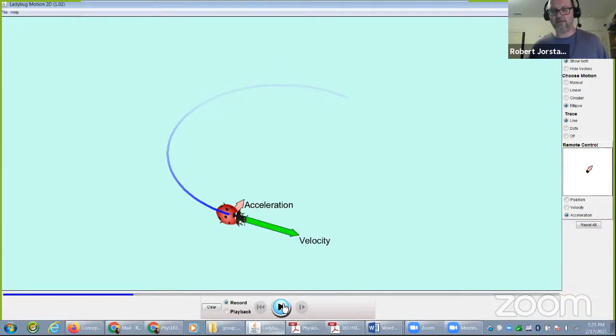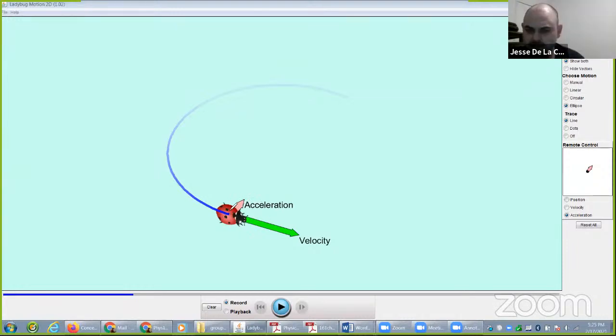Based on what you see here, is this ladybug speeding up or slowing down at this instant? Speeding up? That's right, because there's a component of acceleration towards the center of the circular motion, right?